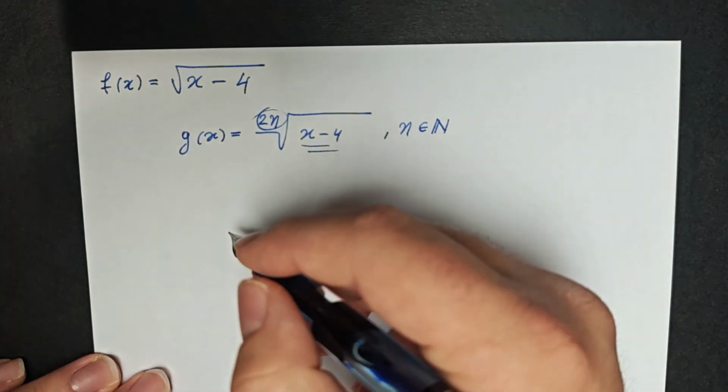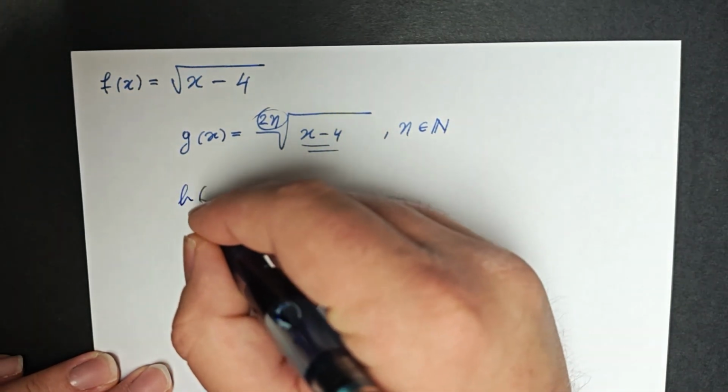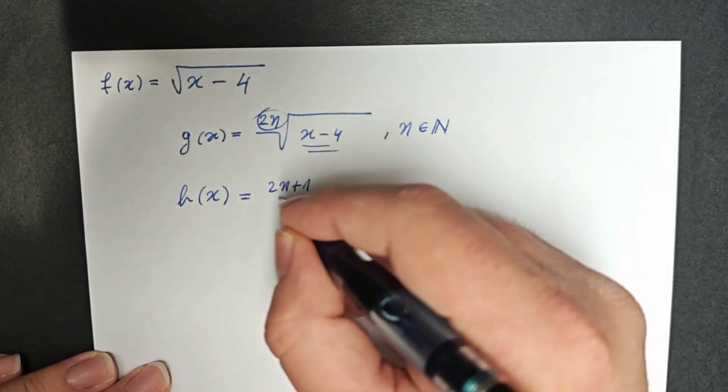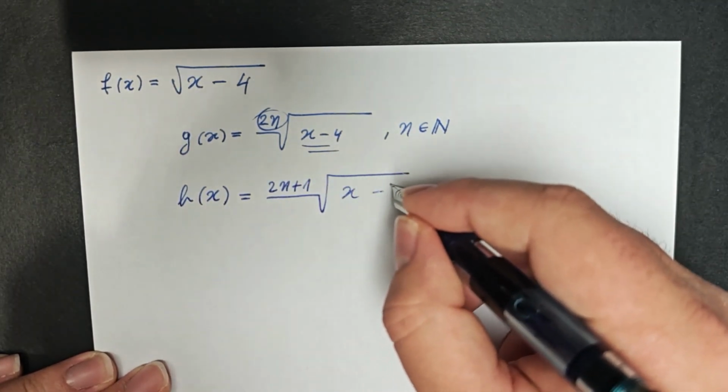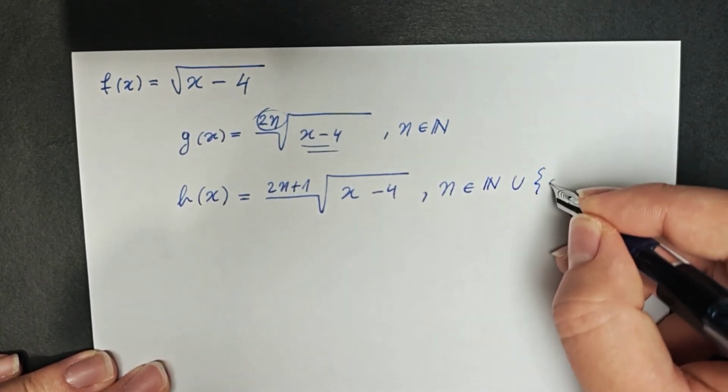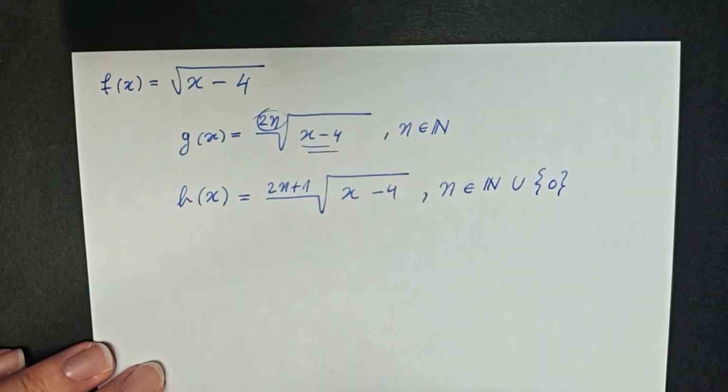For the radicals where index number is odd, like function h of x defined as the 2n plus 1 root of x minus 4, of course this n is a natural number and we can include 0 in that set, argument can be any number.